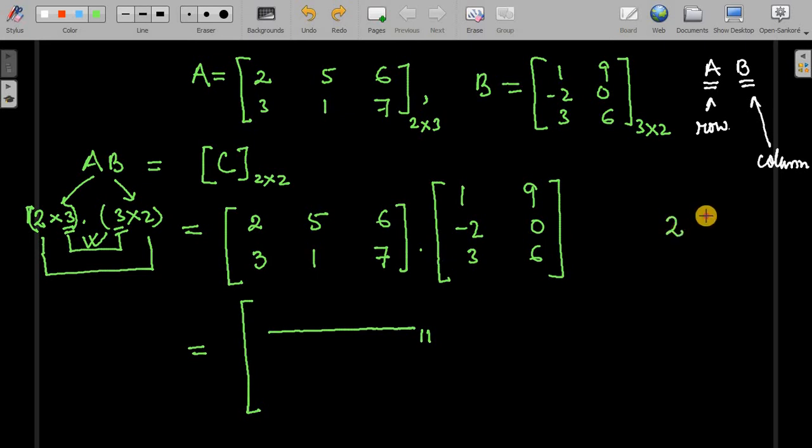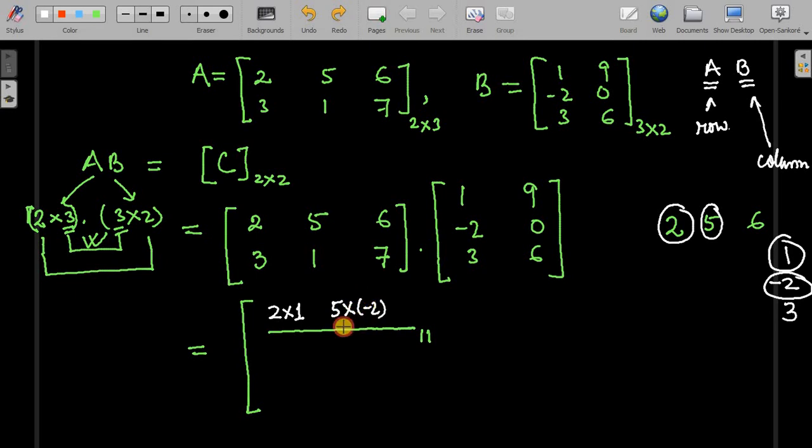So the first row is 2, 5 and 6, and the first column is 1, minus 2 and 3. We can see that the first element of the first row is 2, and the first element of the first column is 1. So first of all we multiply them. Then the second element of the first row is 5 and the second element of the first column is minus 2, so they should also be multiplied, like 5 times minus 2.